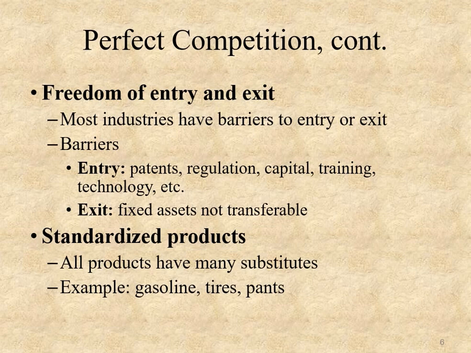That's a bit of a barrier to entry for most people into the profession of pharmacy. On exit, fixed assets are not transferable. If you build a manufacturing plant for pharmaceuticals, that can be an exit barrier.